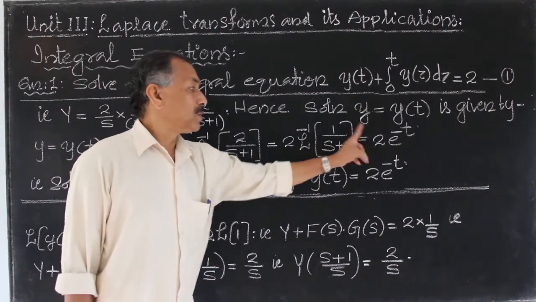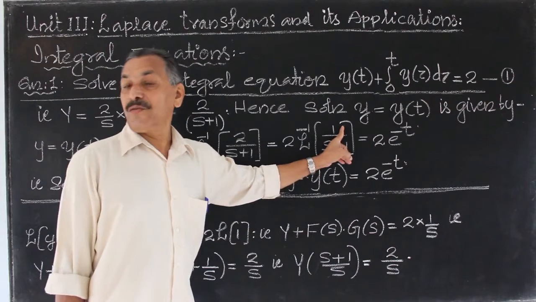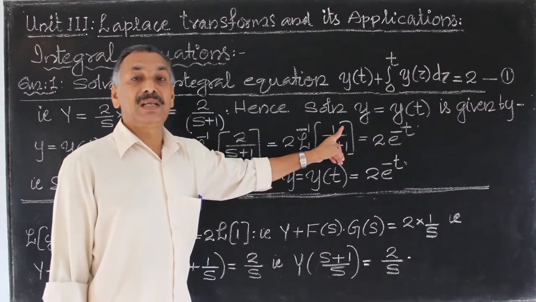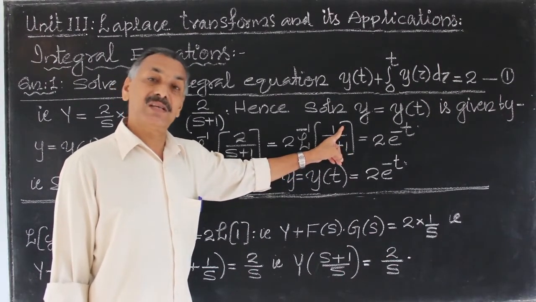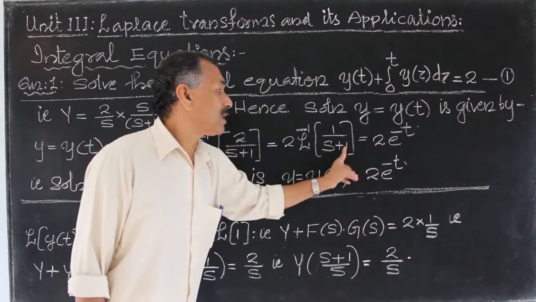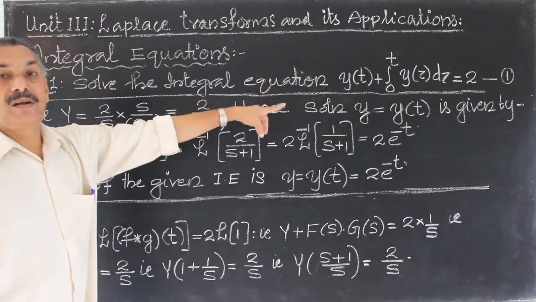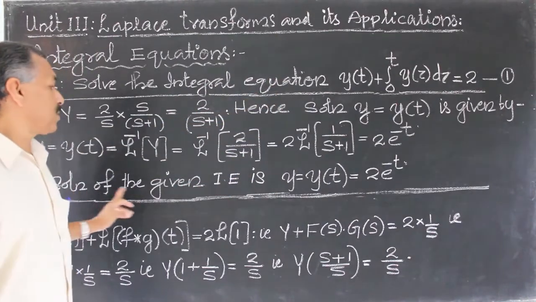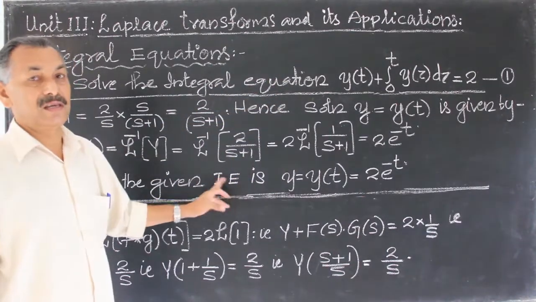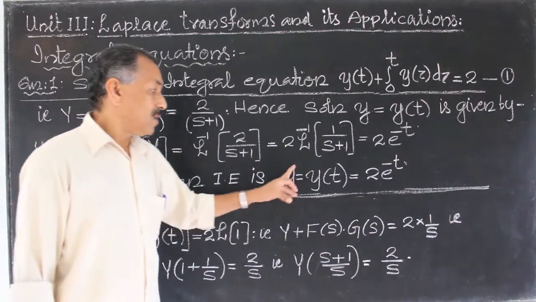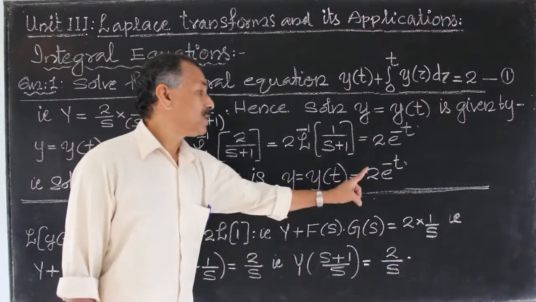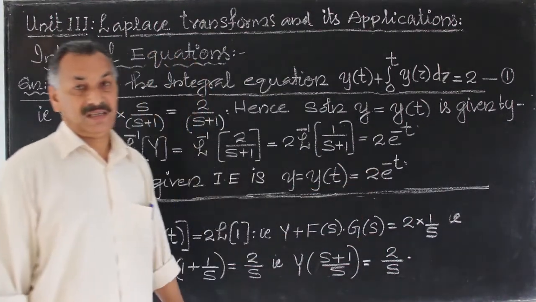Using the formula, 1 divided by s minus a gives e raised to at, and 1 divided by s plus a gives e raised to minus at. That is 2 into e raised to minus t. So the solution of the given integral equation is y of t is equal to 2 e raised to minus t.